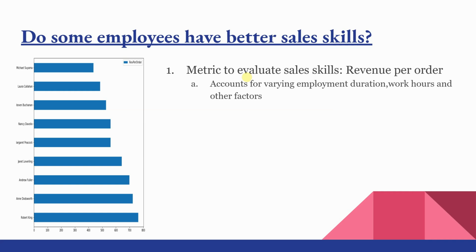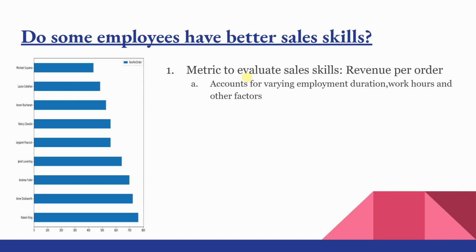And the idea is that, by using that metric, we're accounting for the fact that employees have varying employment duration. Some people have been working there for 6 months, some have been working there for a couple of years. Work hours too: some people work part-time, some full-time, some put in overtime.